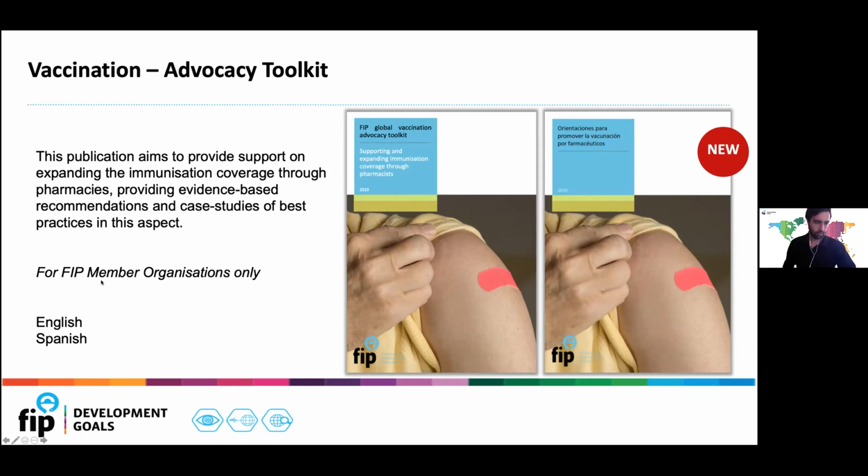This one is a publication exclusively for FIP member organizations and aims to provide support on expanding immunization coverage through pharmacies. So it's how more advocacy work can be done at the national level in order to advance this practice. And as of today it is also available in Spanish.